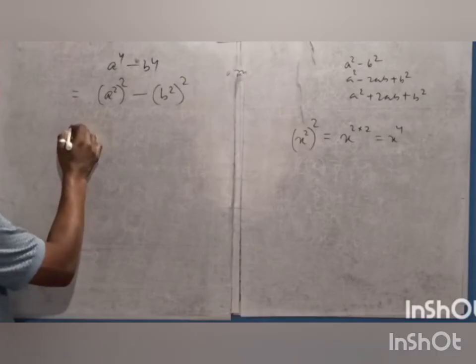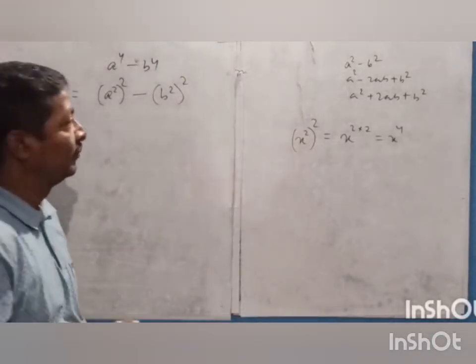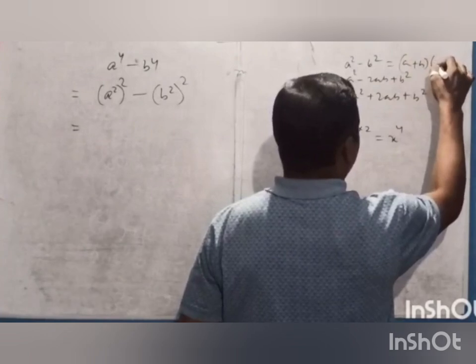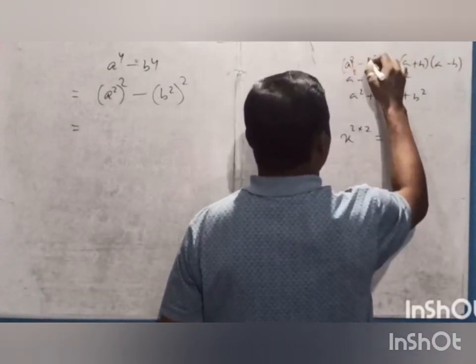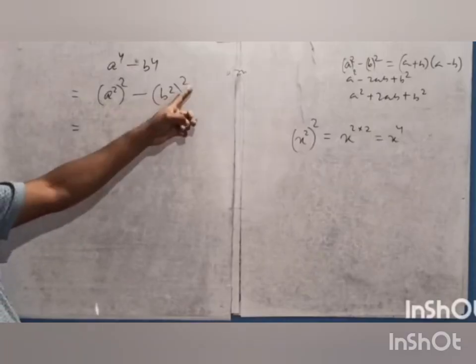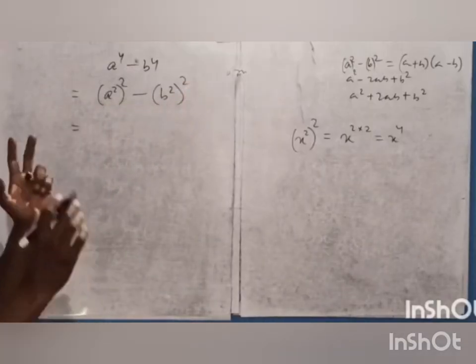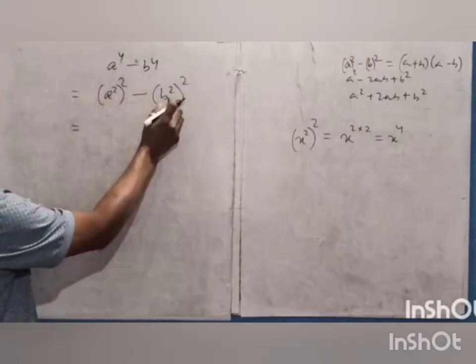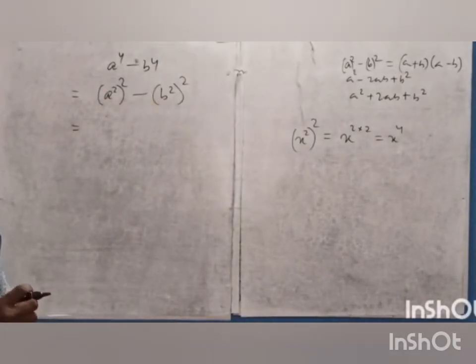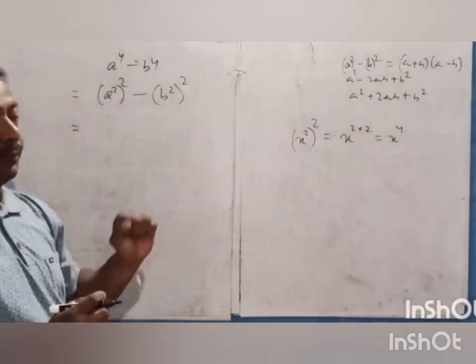Okay. Now put the identity here. What is the value of this identity? a plus b into a minus b. That means within the bracket, whose square is there, that is a, and whose square is here, that is b. So inside the bracket, it is a and it is b. Here a is a square and b is b square. For the next step. Okay.